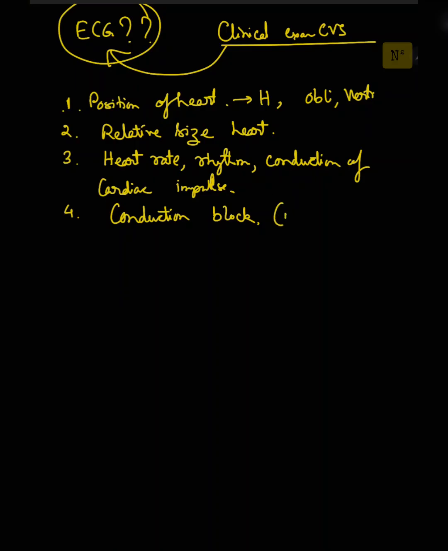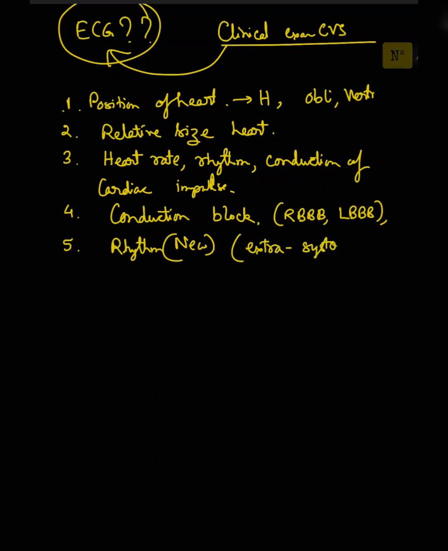Okay, if there is a right bundle branch block or left bundle branch block, we will be able to know that, and also whether any new rhythms are originating, any new rhythms which are sometimes called extrasystoles and arrhythmias.